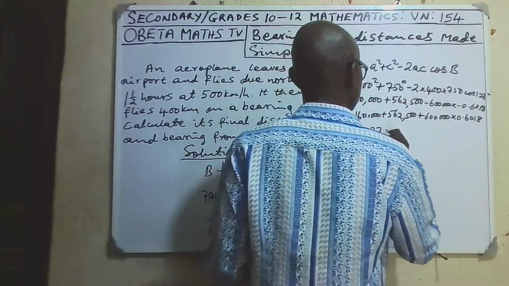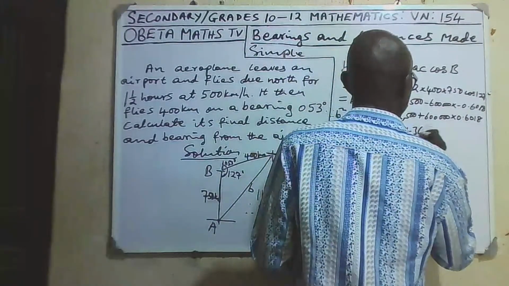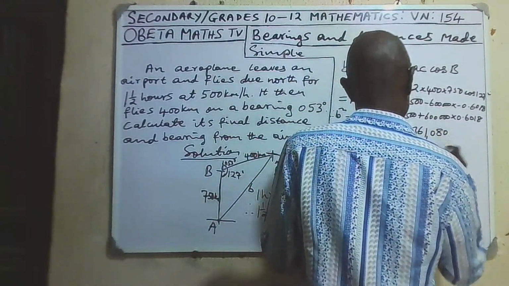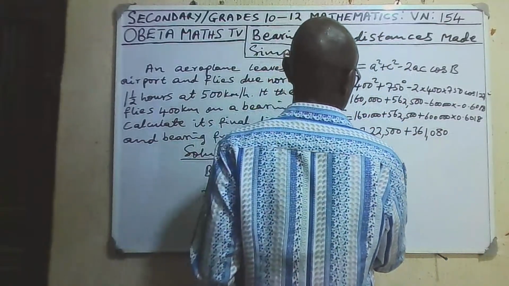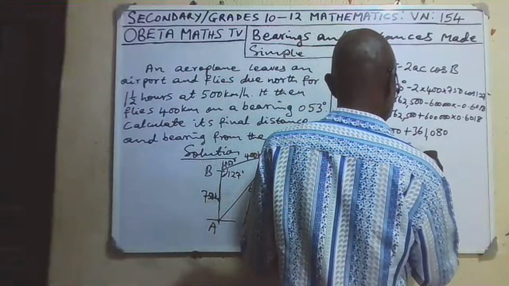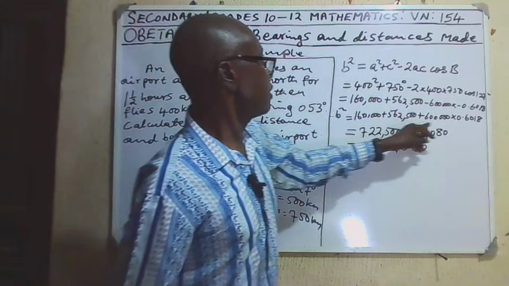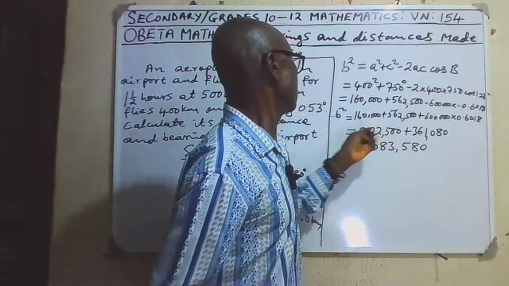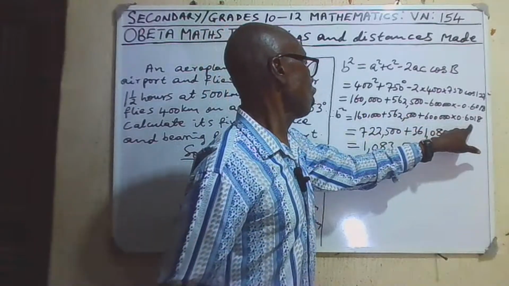722,500 plus 361,080. And by the time you add everything, you add this one and then this, and then this one and the cos will give you this.